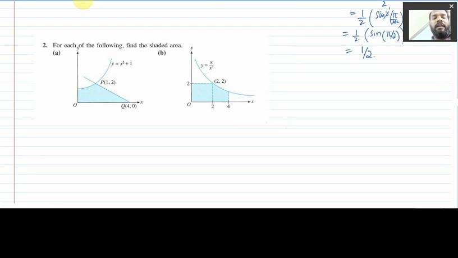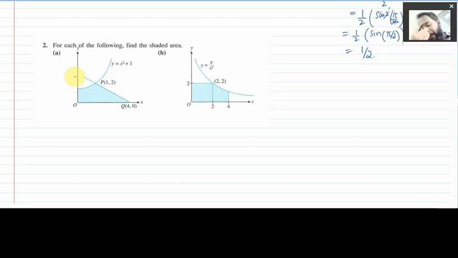But the strategy is a little bit different compared to the first part, because in question number 1 all we have is a single line or a single curve, and we need to find the area of the shaded region. But in this type of question you can see that there are two equations, one is a curve, one is a line, or there might be two curves, two lines, whatever it is. But how to solve such a question?